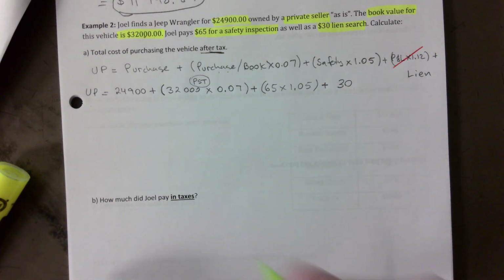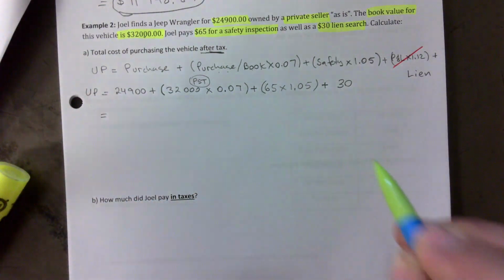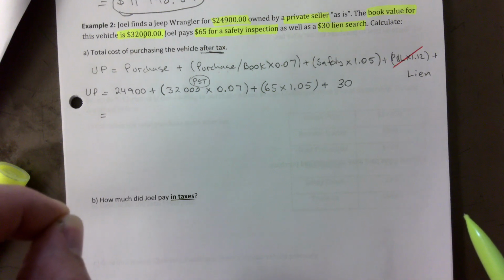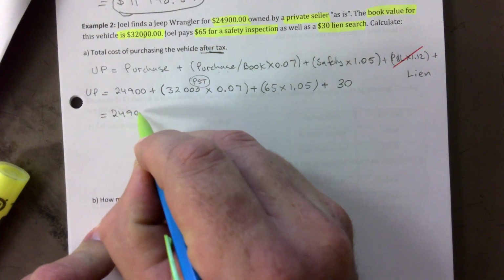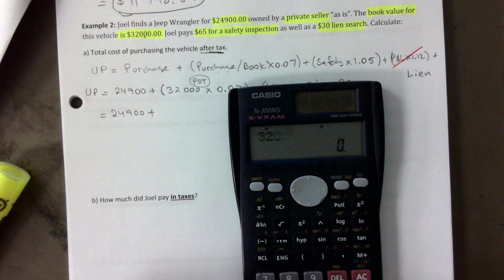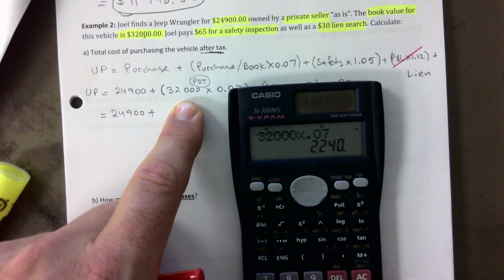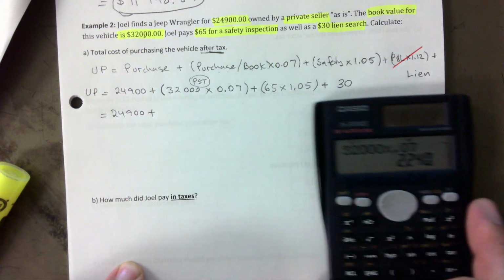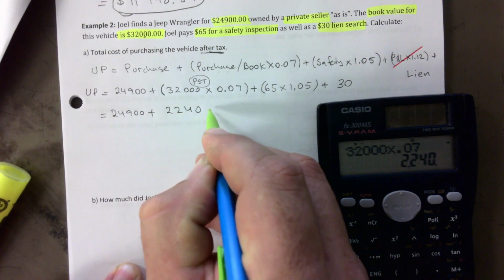Okay? So here we go. I'm going to clean this up. I know our temptation is to just type it all in and get one big number. Don't do it, okay? Resist that temptation. Clean it up first. So you grab your calculator, you figure out 32,000 times 0.07. That's 2,240 exactly.